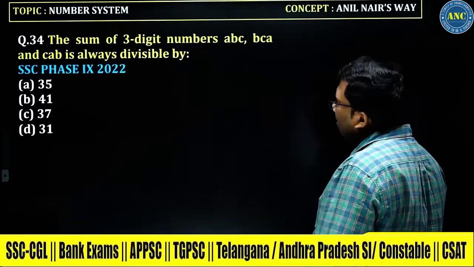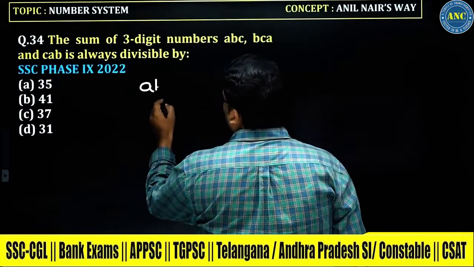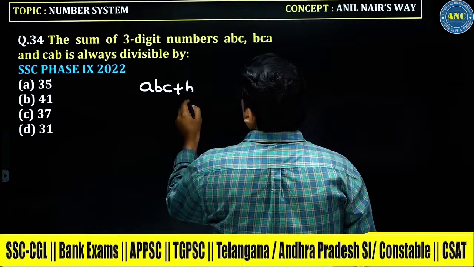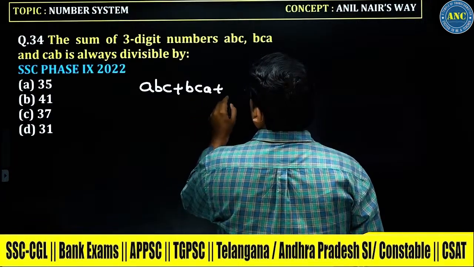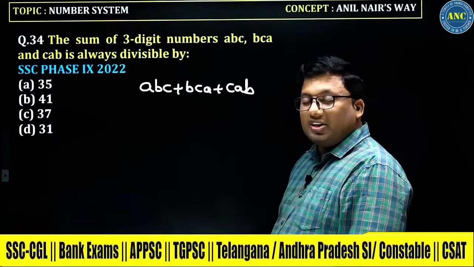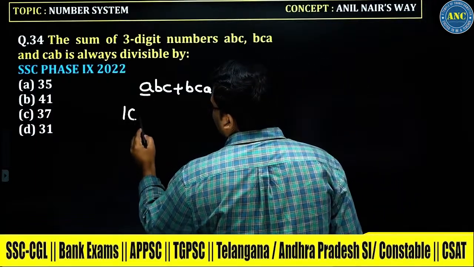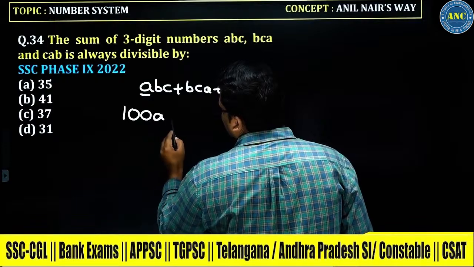34th. The sum of a 3-digit number ABC plus BCA plus CAB. Now see here. A is in hundreds place, so the value of A is 100A.